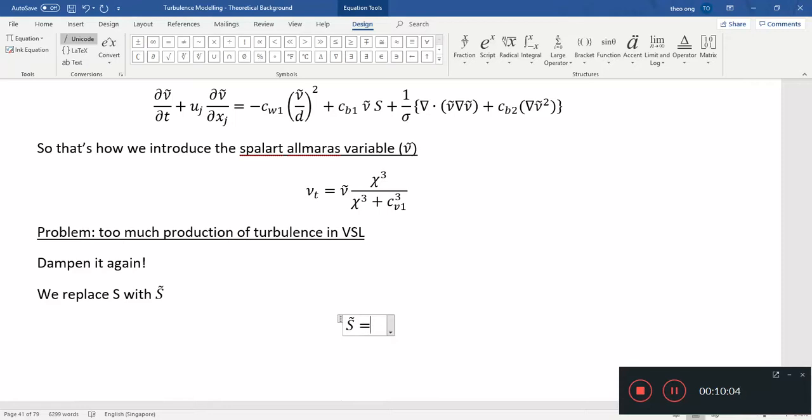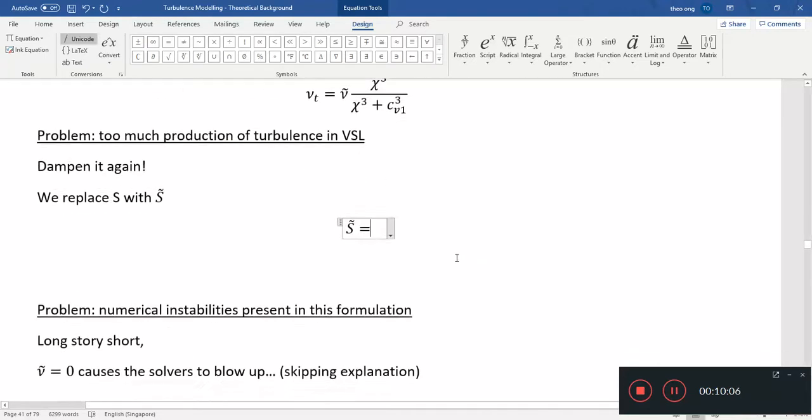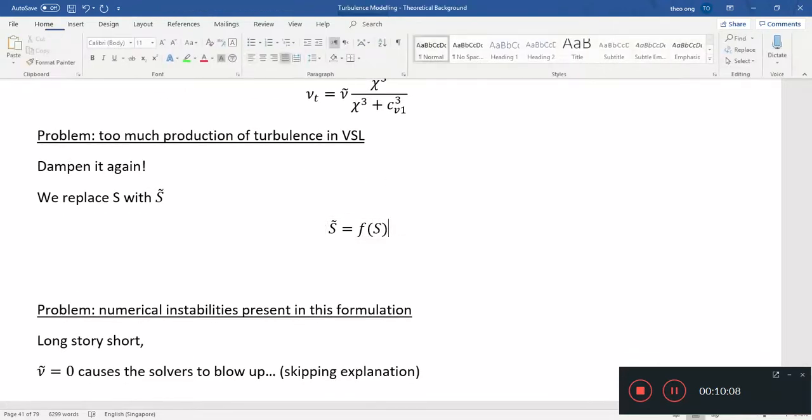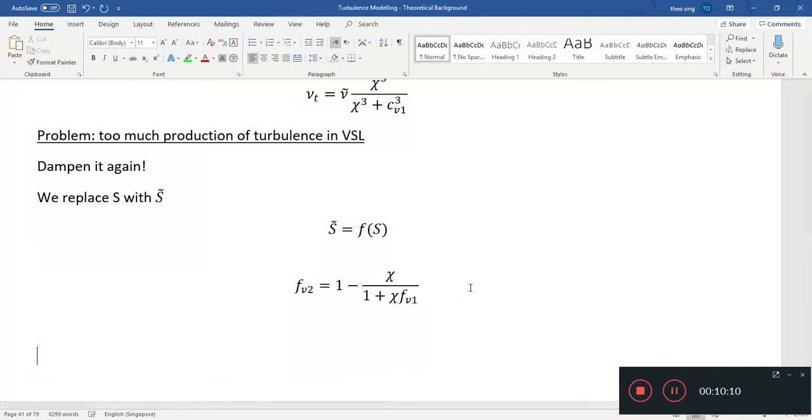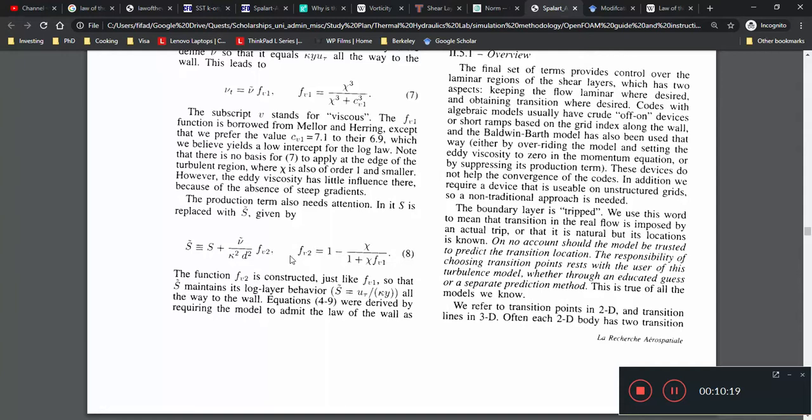S tilde is a modified function of S, and it will be dampened. It will be dampened towards 0, of course, in the wall.